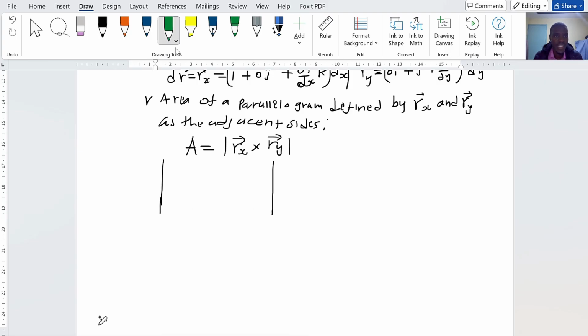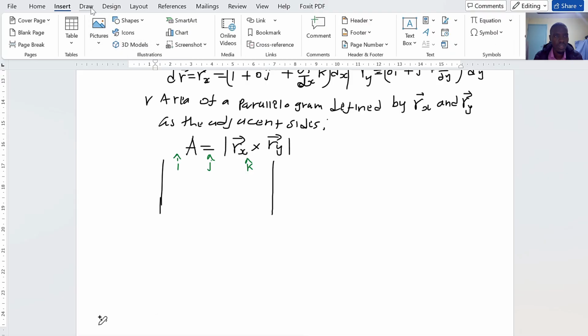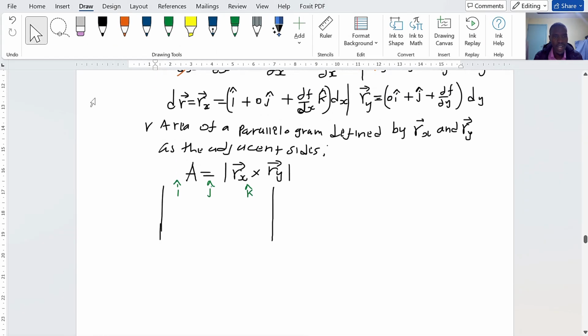So we are applying it here. Now we have i, j, and k. Now our Rx, remember, is defined by the following.